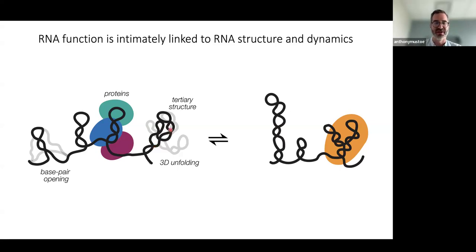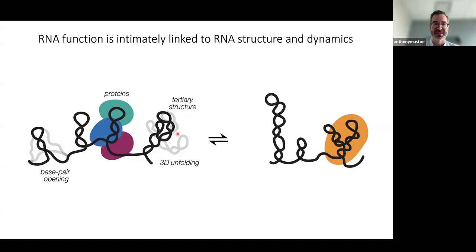In this diagram, as we're thinking about an RNA, we've got potentially some secondary structures. Inside of a cell, there might be proteins that bind to some of these structures. We're going to have potentially tertiary structures. This might adopt totally different secondary structures. We have switching between different ensemble states.